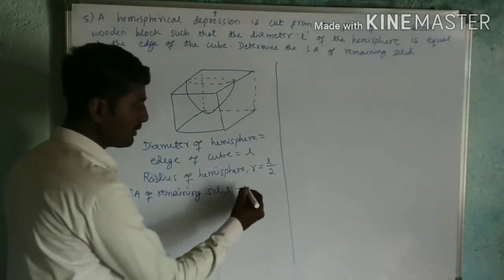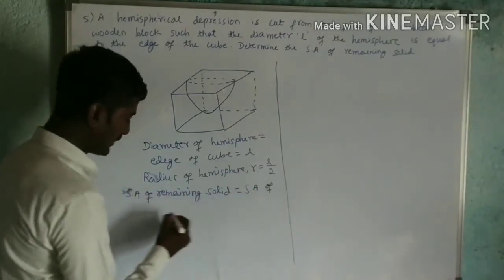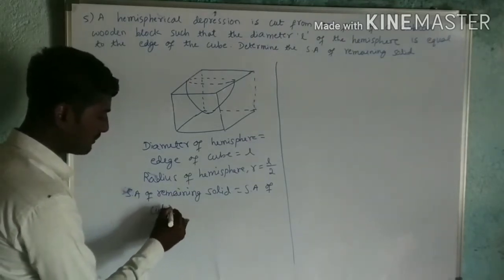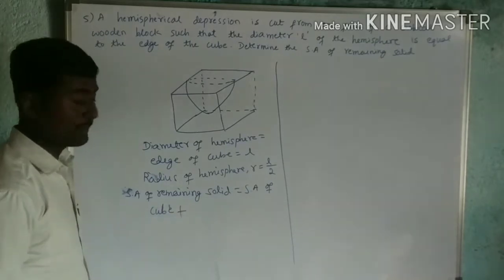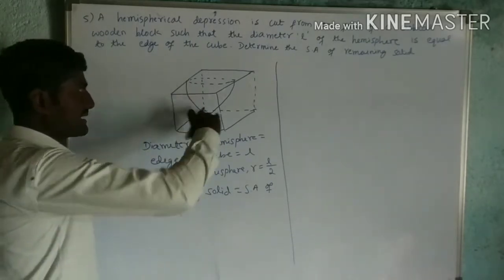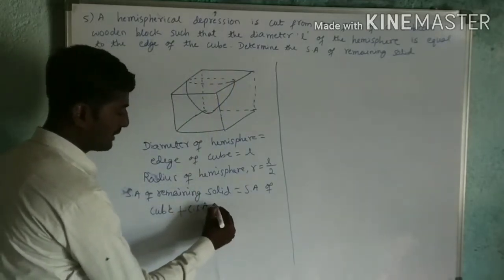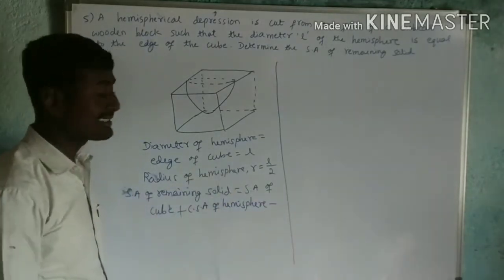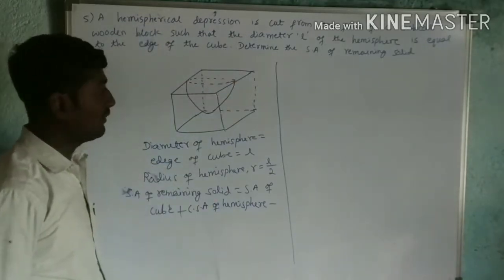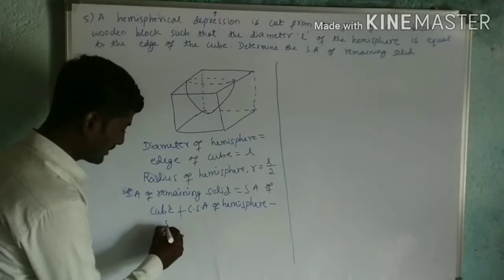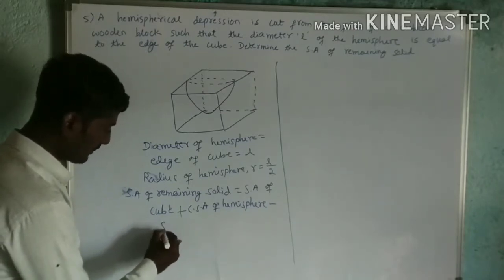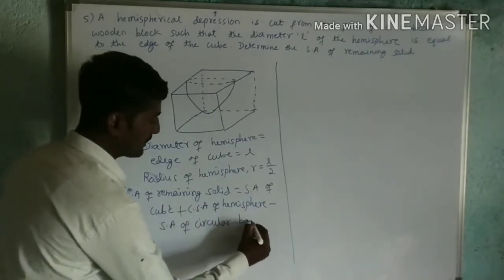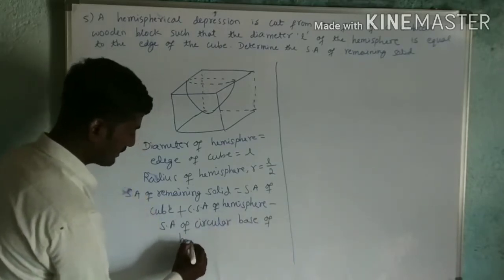This is equal to the surface area of the cubical block, or you can simply write cube, no problem, plus the CSA of the hemisphere, the curved surface area of the hemisphere, minus the surface area of the circular base of the hemisphere.